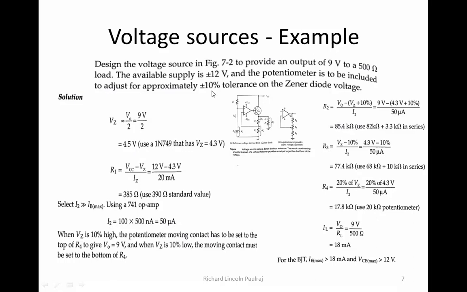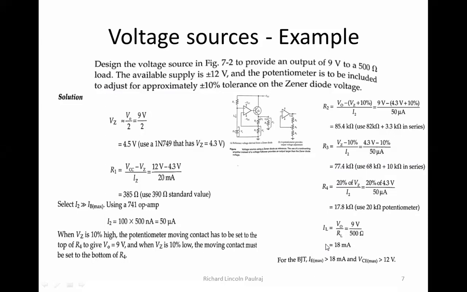Taking this 10% tolerance into consideration, higher resistor value and lower resistor value, plus 10% gives about 85 and minus 10% gives about 77. So we can either use 68K, or as usual we can use another 10K in series if I want the exact 77 kilo ohms.